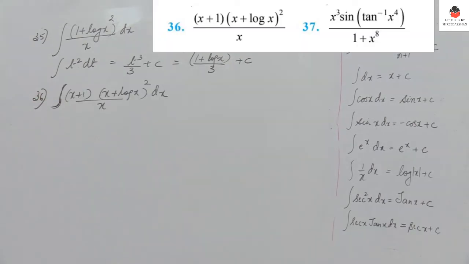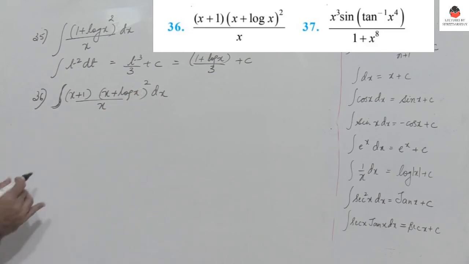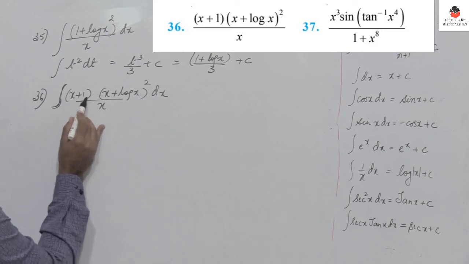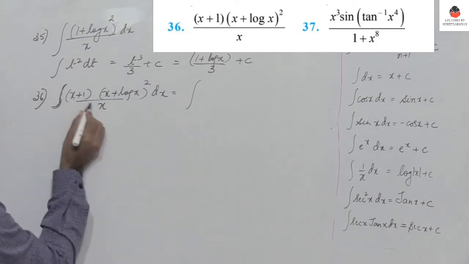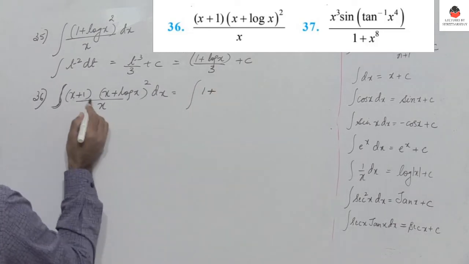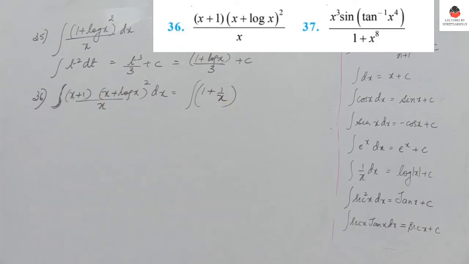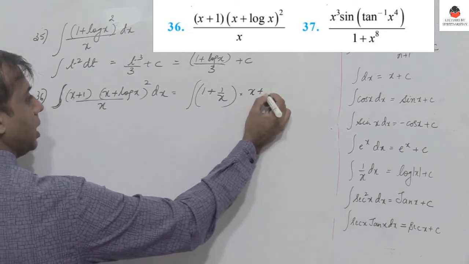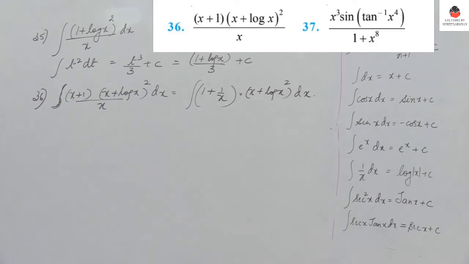So question 36. So I have (x plus 1) into (x plus log x) the whole squared, divided by x. So let me divide x with the two terms here. So you have the integral of x by x, which is 1, plus 1 by x is what I have, into (x plus log x) the whole squared dx.